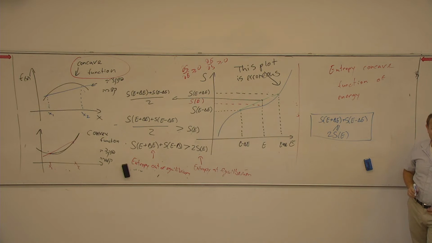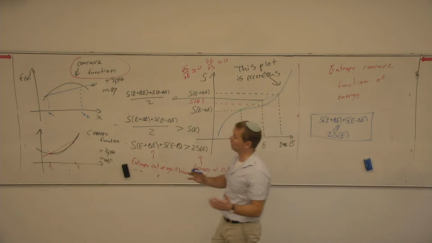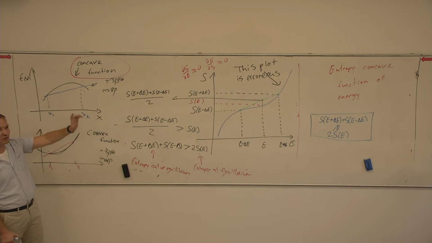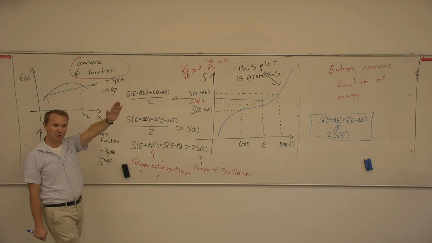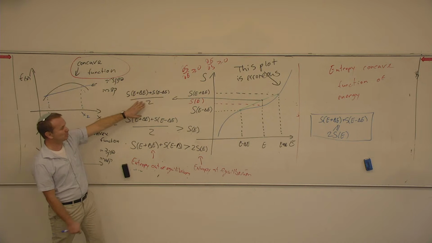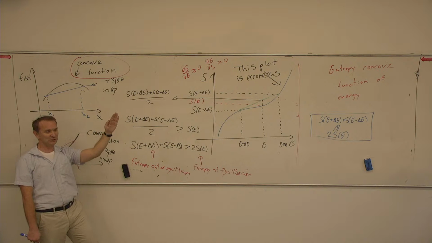Can the entropy be a linear function? Well, yes. In general, there's nothing wrong with a linear function. It's a monotonically growing function, and well, you cannot play this trick, right? So what will happen in your linear function? The slope has to be larger. Okay?